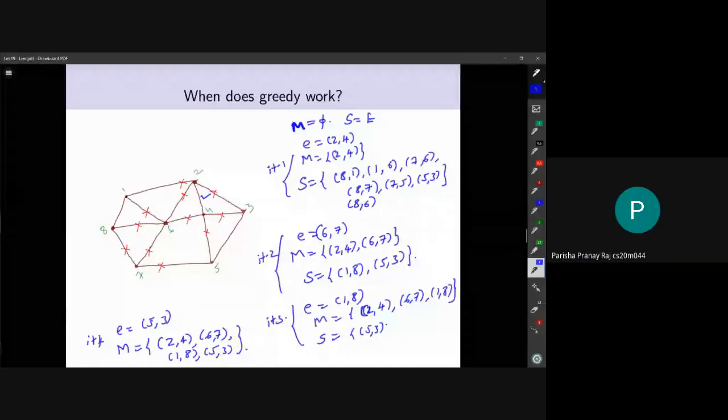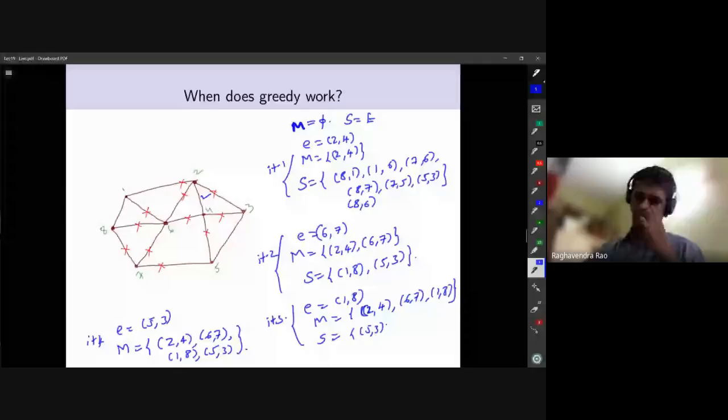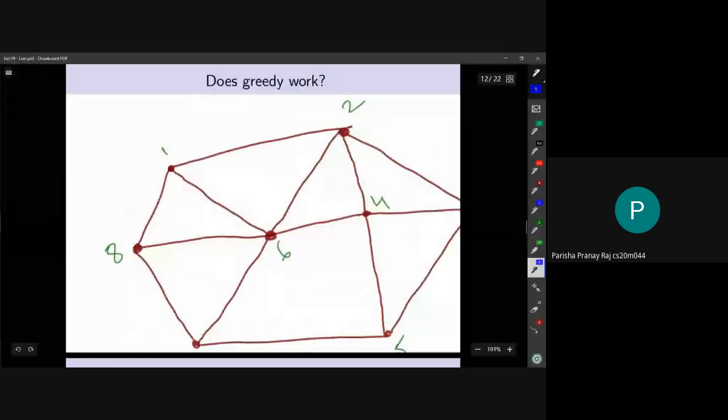Sir, are we saying that M should be maximum possible in that graph? Yes, of course. It's the maximum possible number of edges that you can have in a matching in that graph. It's a subset of edges from the graph, right? The maximum need not be n by 2 always.